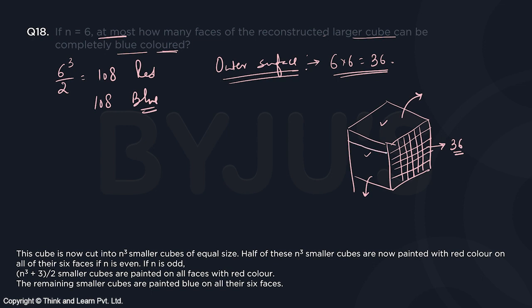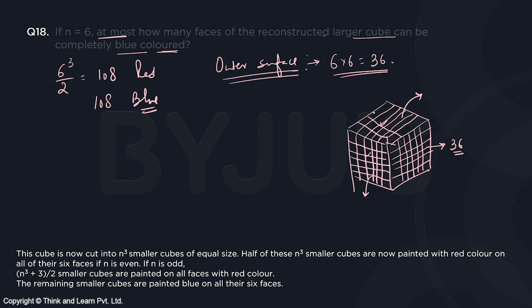But there is an important point in all of them. That important point is that when I make these 36 and 36 surfaces at all these places, let me make it 1, 2, 3, 4 and 5. 1, 2, 3, 4 and 5. 1, 2, 3, 4 and 5 is already there.